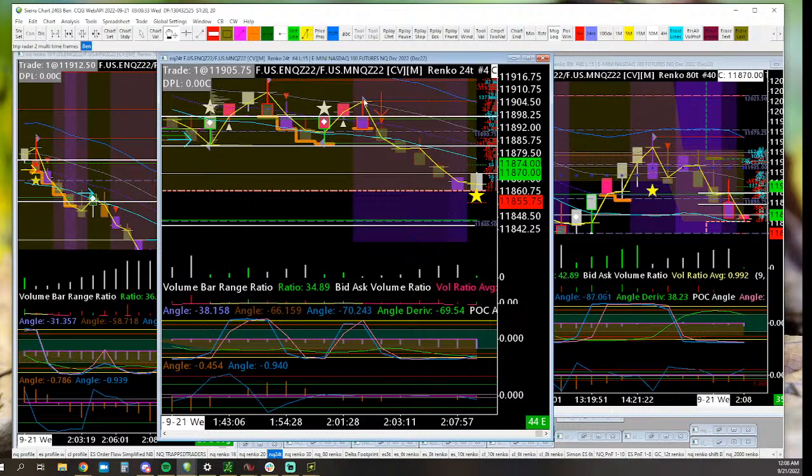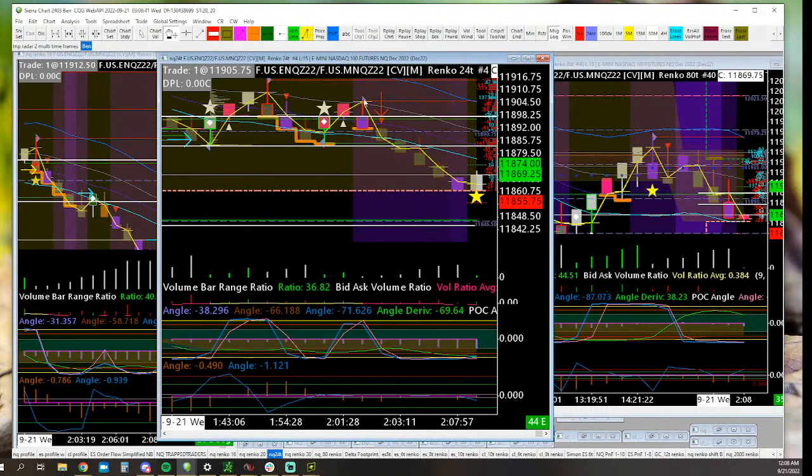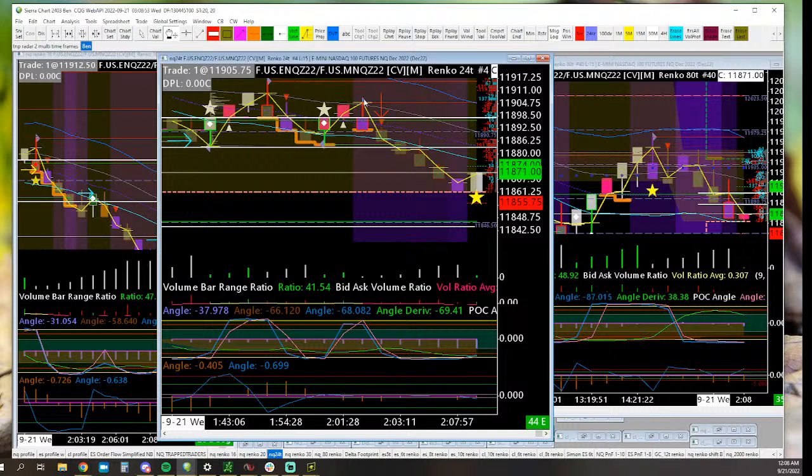So I'm not looking for a long here yet. I don't have any evidence that this is balanced. We need location to be correct and conditions to be correct, and then we need the algo to fire. All three of those things need to happen before I can trigger into a trade.